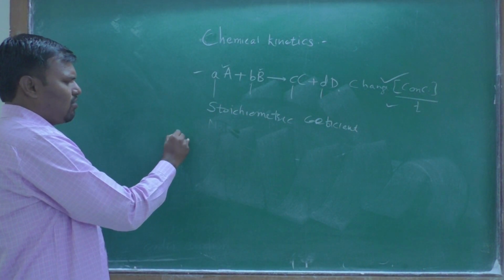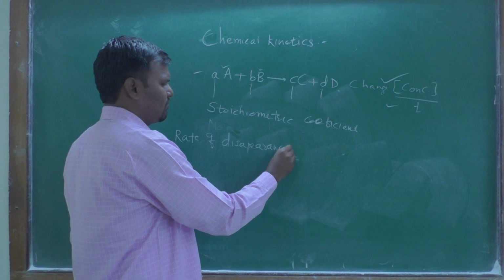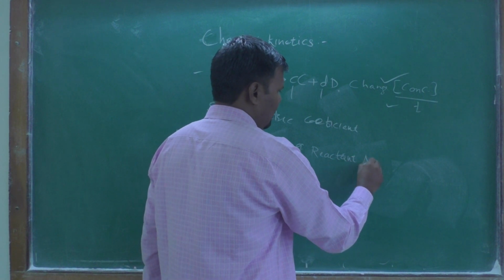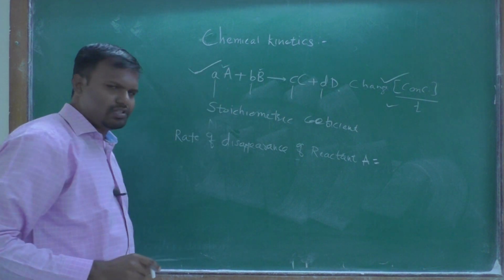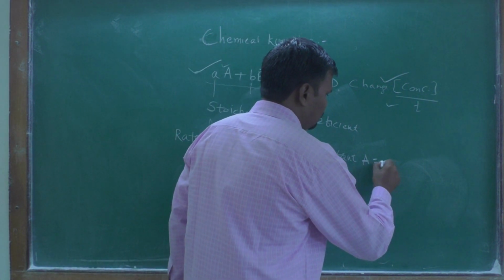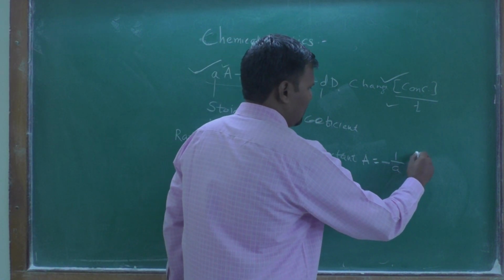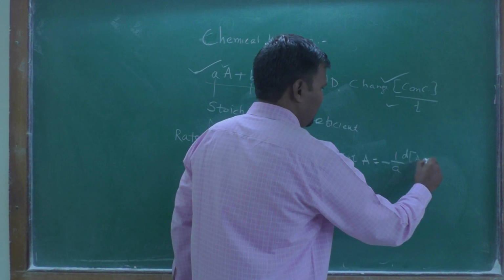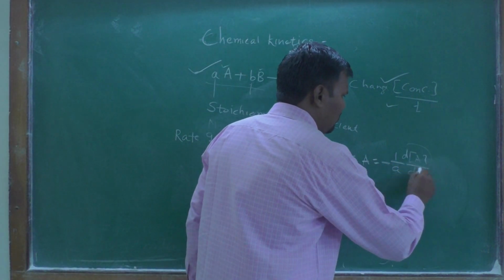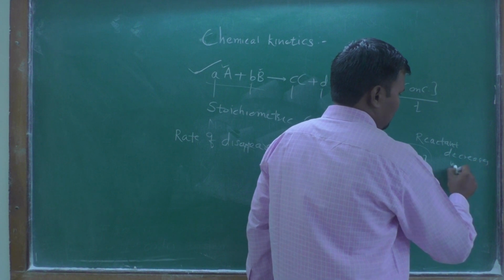For this reaction, the rate of disappearance of reactant A is given with a minus sign, because as the reaction progresses the reactant goes on decreasing: minus 1 upon its mole, change in concentration of A with respect to time.